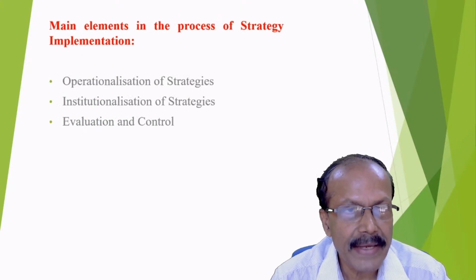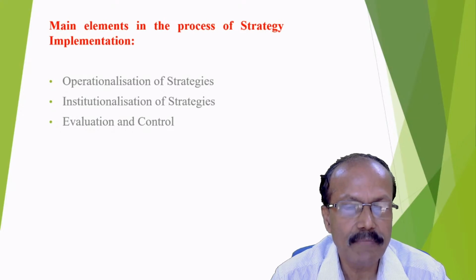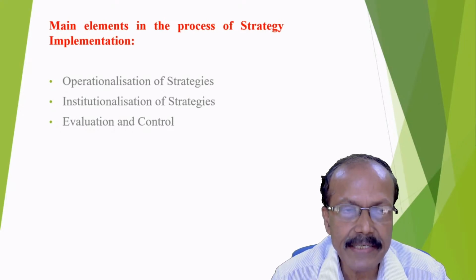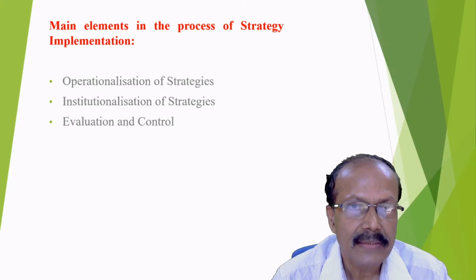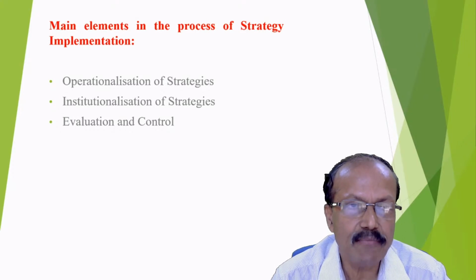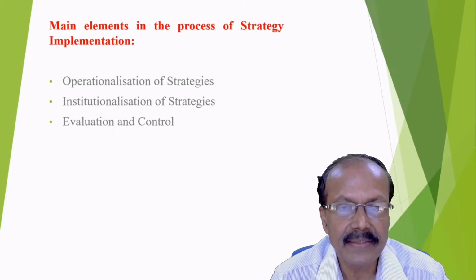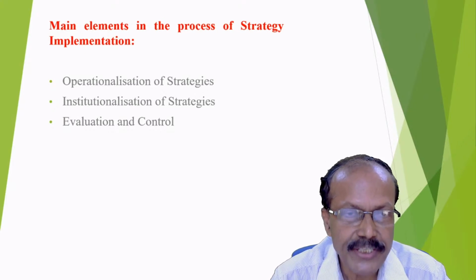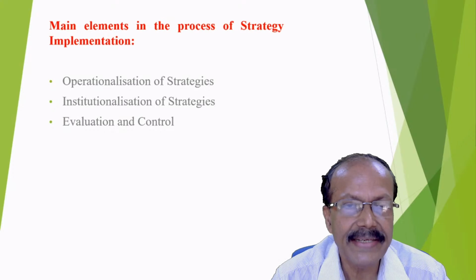Let us discuss the main elements in the process of strategy implementation, that is operationalizing of the strategies, the interface between the formulation and implementation, and also the institutionalization of the strategies, that is deciding the SOP, because the procedure has to be pre-decided for conducting any activity.